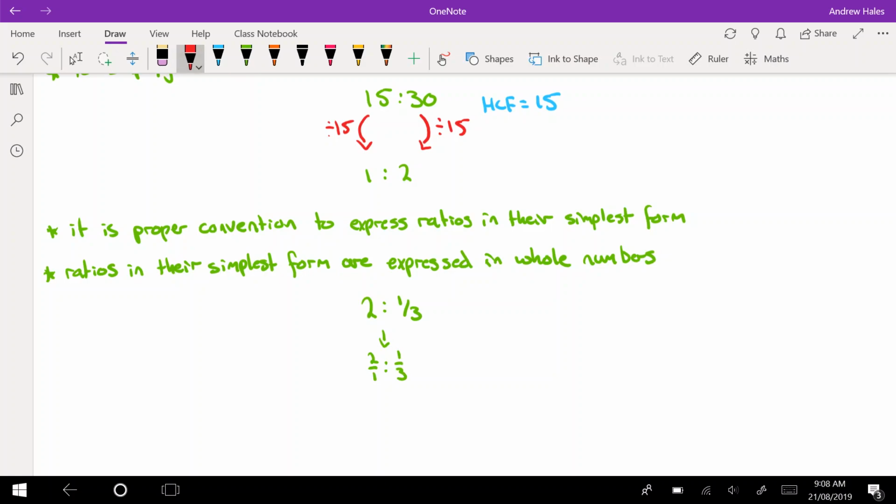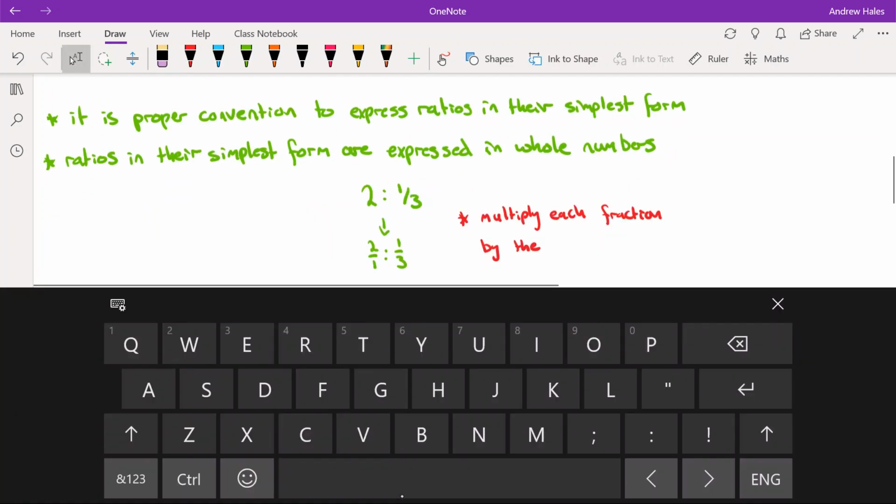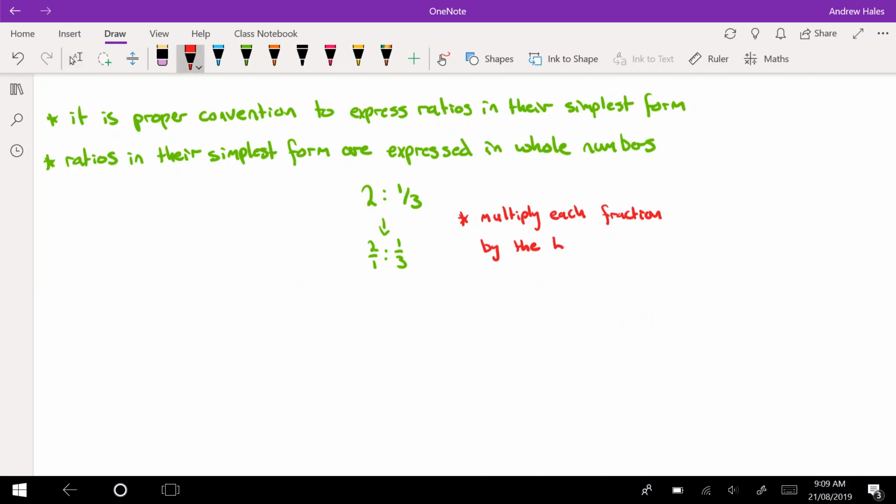And then what we do is we multiply each fraction by the LCD, the lowest common denominator.